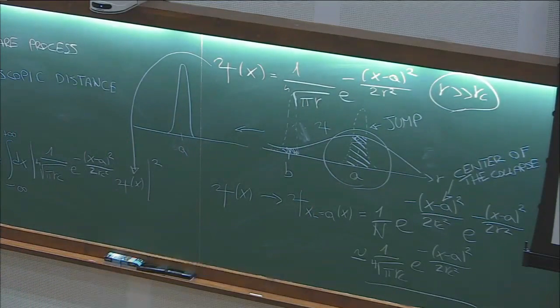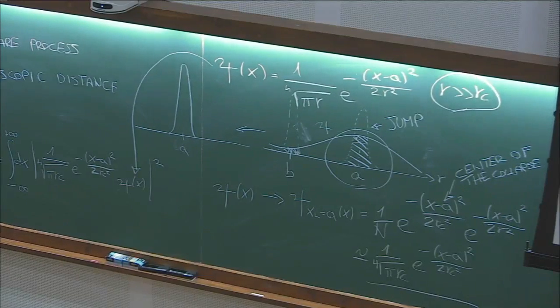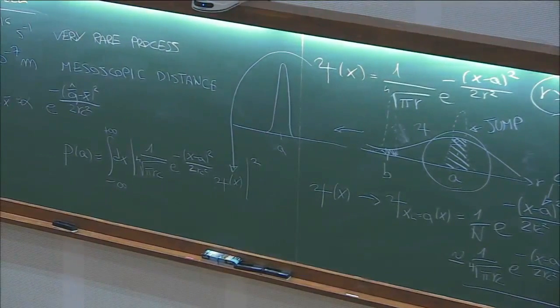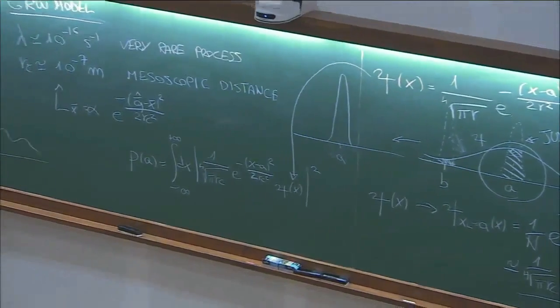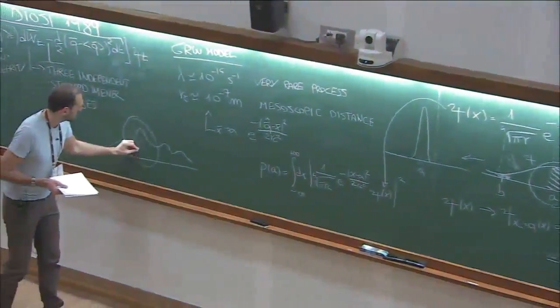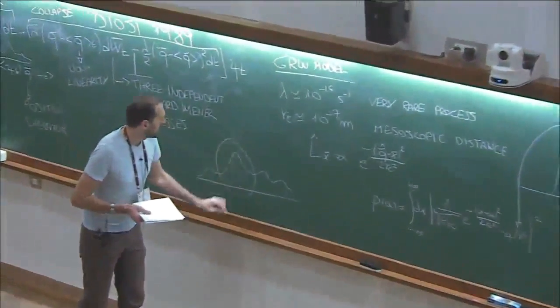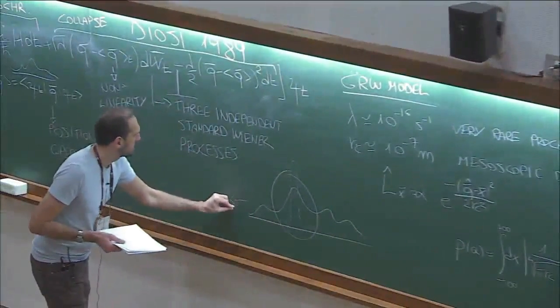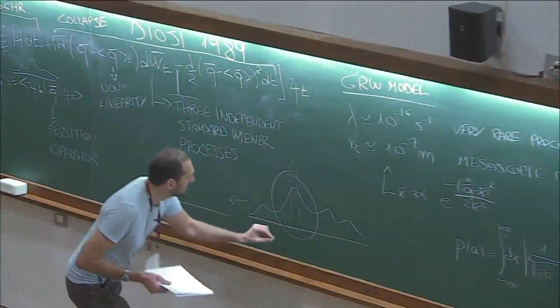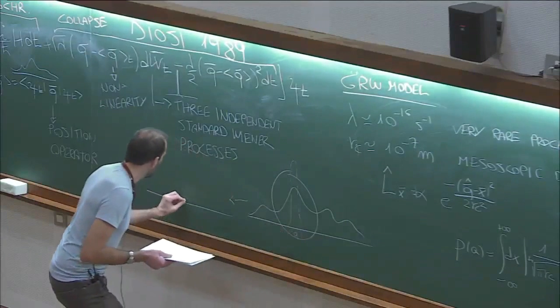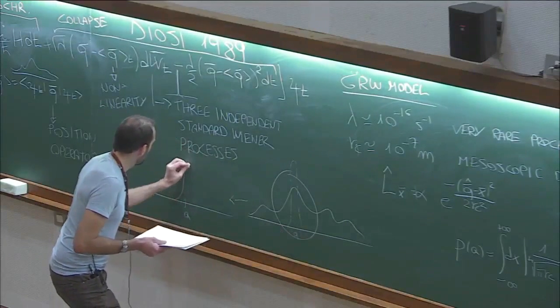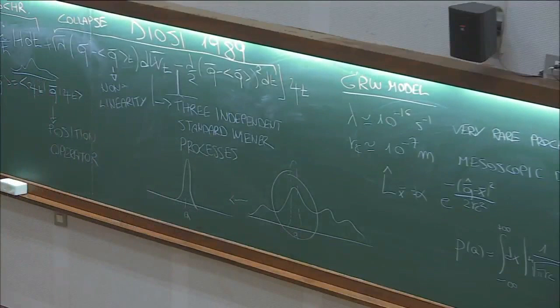And of course, if you have a very generic wave function like this, again, the collapse can occur everywhere in space, but the most favorite region will be this one, and then the game is just you multiply this with the collapse Gaussian, and so this is A, and then at the end of the day, you will end up with a state.